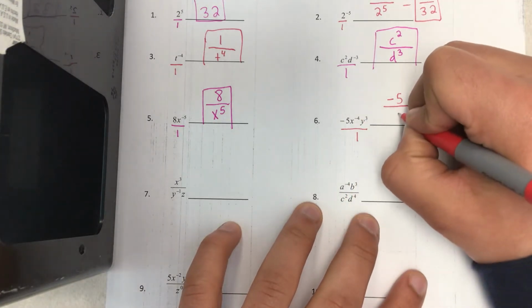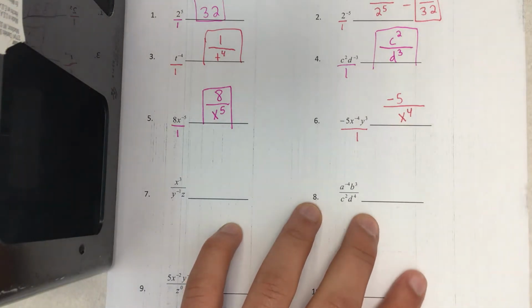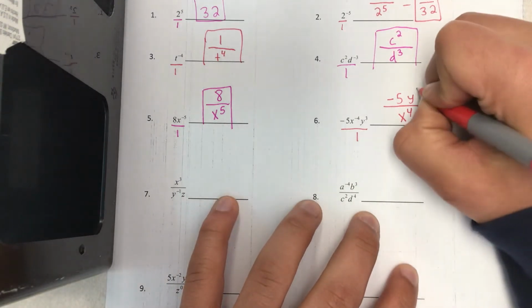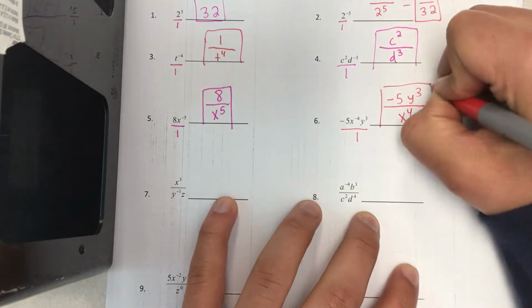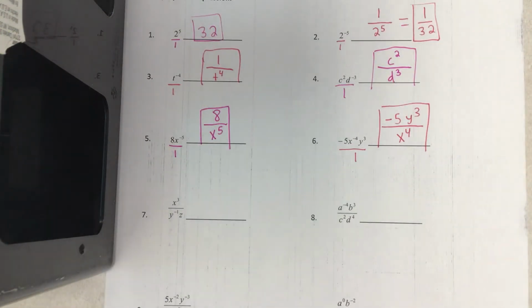So x to the negative fourth is going to go to the denominator. It's going to change to positive. Y to the third power, that's a positive, so that can stay right where it is. So I get negative 5 y to the third over x to the fourth. Okay? So hopefully y'all are starting to see the pattern, right? If I have a negative exponent, it has to move. Everything else stays the same. Okay?